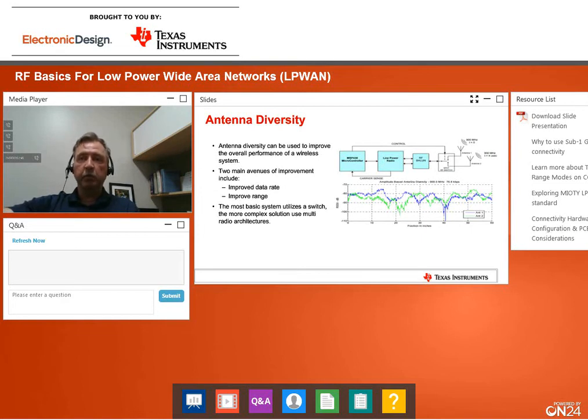Here I'm showing a quick measurement again at my house, and you can see 20 to 30 dB of fading just due to multipath in a standard house. So multipath needs to be considered.